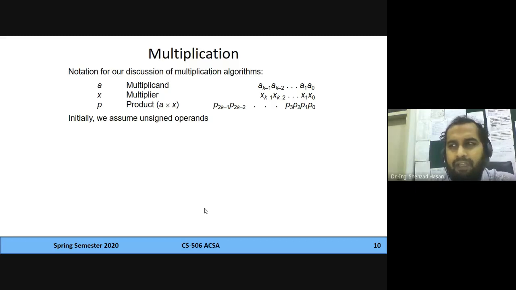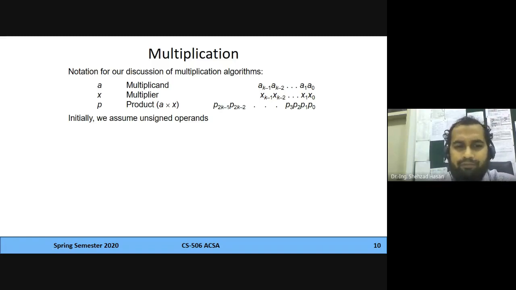Now, if for any reason we have a multiplicand of more bits than the multiplier, then the product is obviously the sum of the bits of multiplicand and multiplier, right? This is simple.